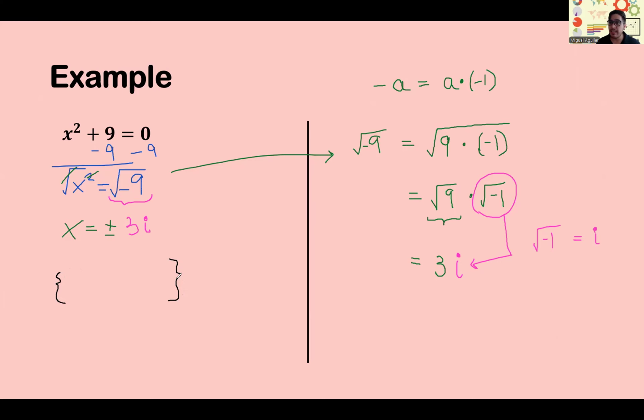And in the case of negative radicands, or negative numbers inside the square root, am I going to get an imaginary unit as part of my answer? In this case we did. So our solution set is really -3i and +3i.